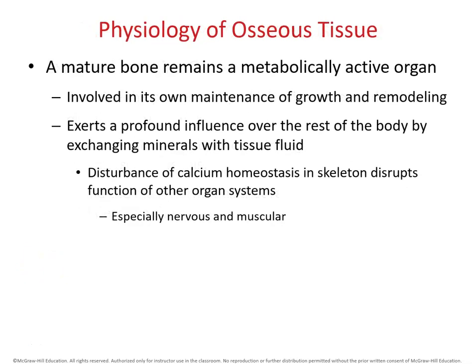It's a misconception that once we are our mature adult height, our bones just sit there and don't do anything unless we break them. That's really not true. Our bone material is very metabolically active. It's doing a lot of stuff every day, even if it's normal, healthy, and not in a repairing mode.